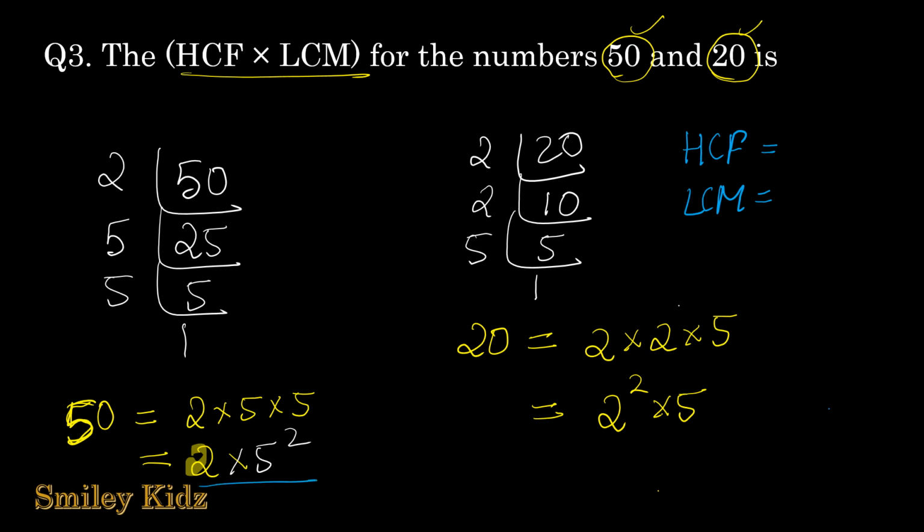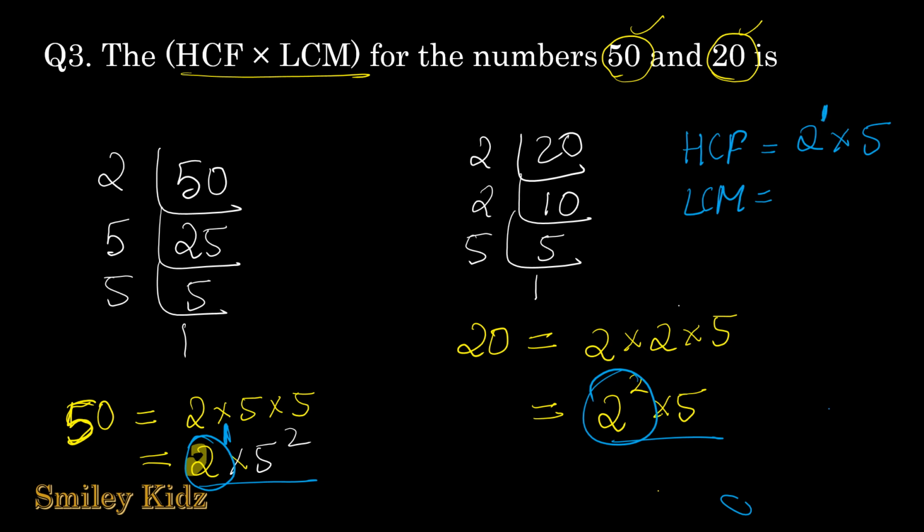Now in both the cases 2 and 5 is common, so I'm going to write 2 and 5. Now the number 2 in both the cases have different powers. In the first one it has 1 as its power, and in the second it has 2. Which is least? 1 is less than 2. So it's going to be 2 to the power of 1 times.